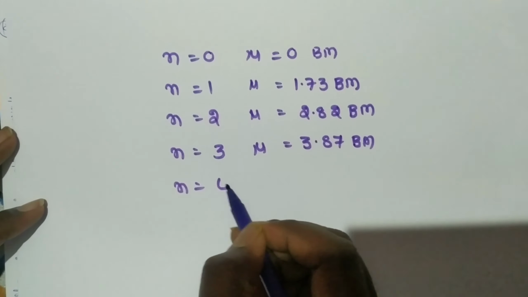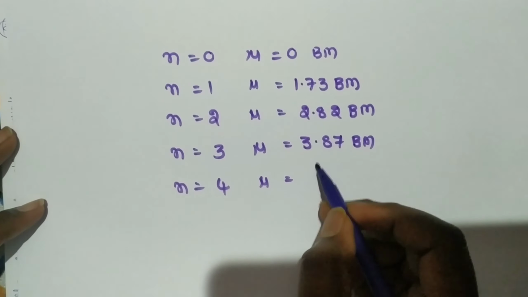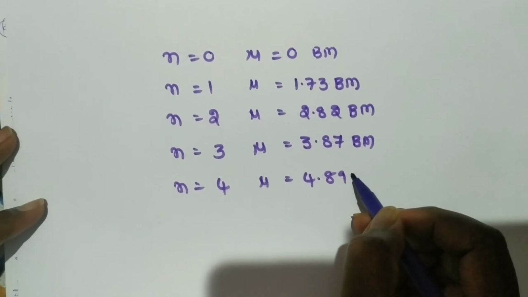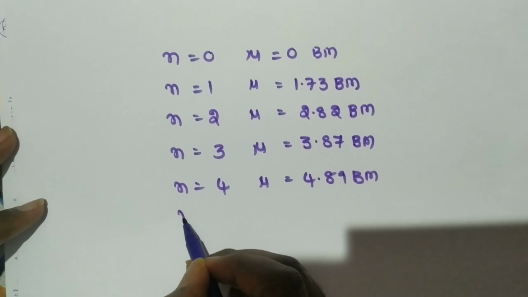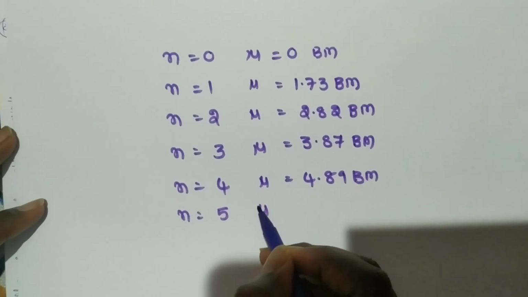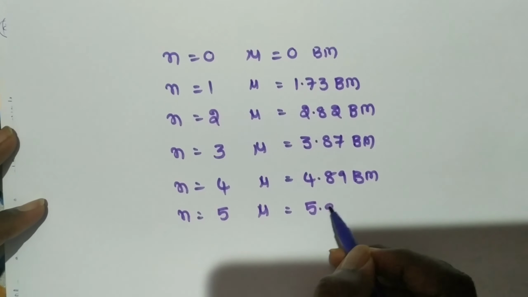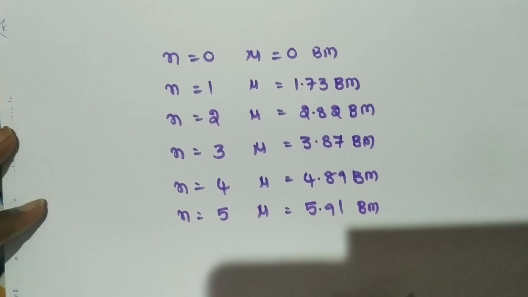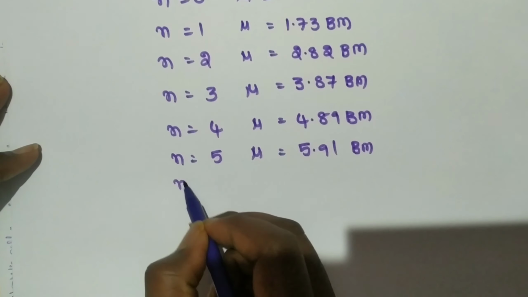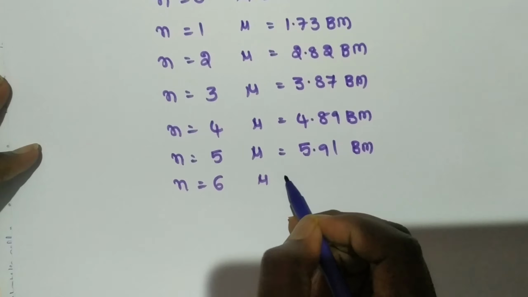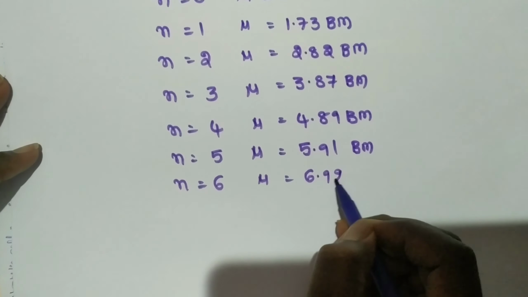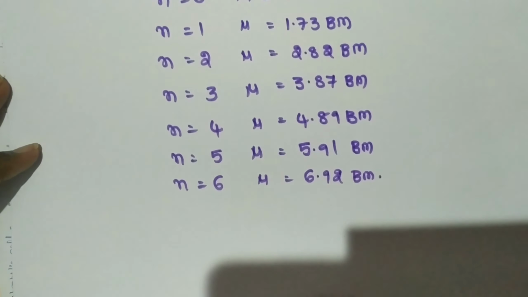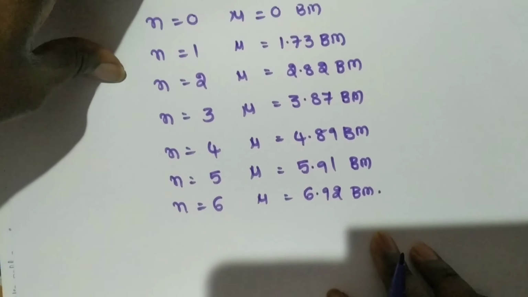N value 4, mu value 4.89 Bohr magnetons. N value 5, mu value 5.91 Bohr magnetons. N value 6, mu value 6.92 Bohr magnetons.